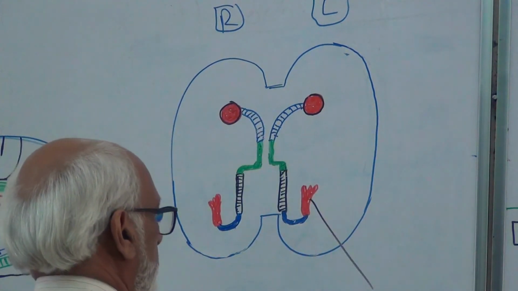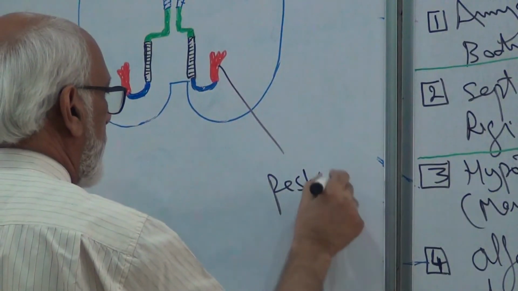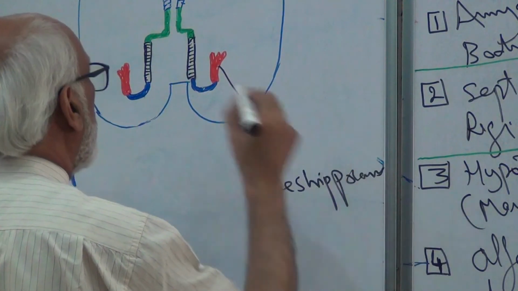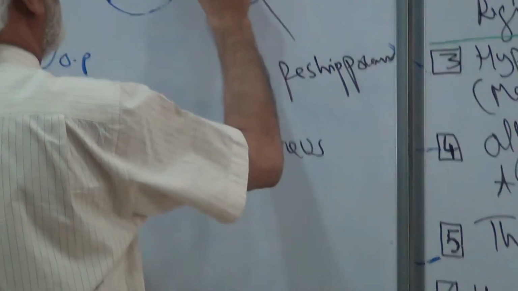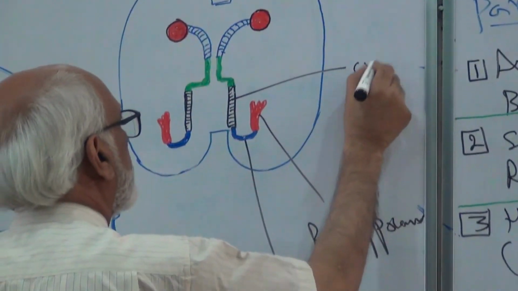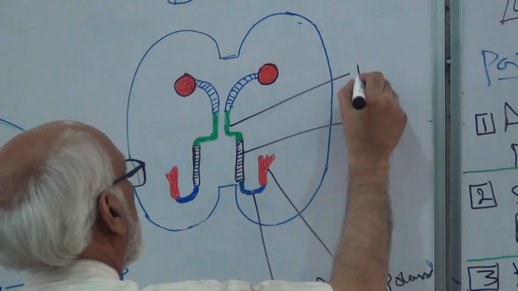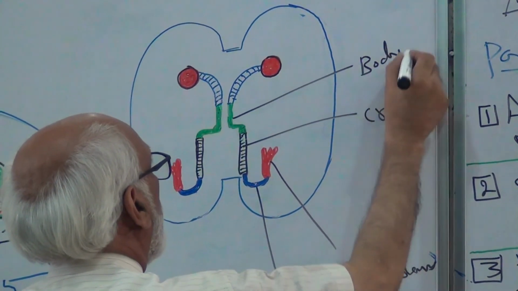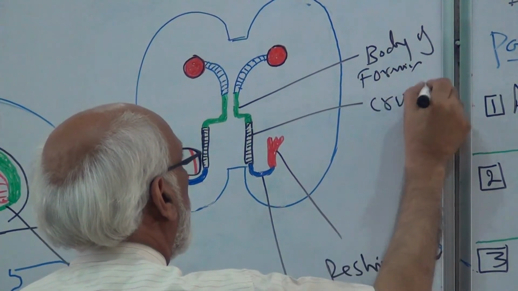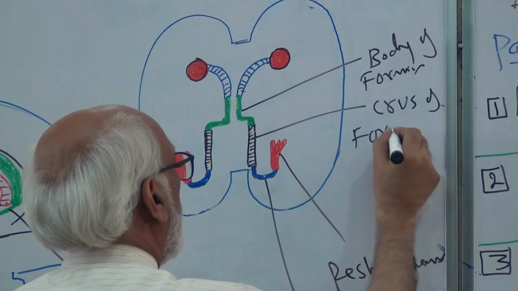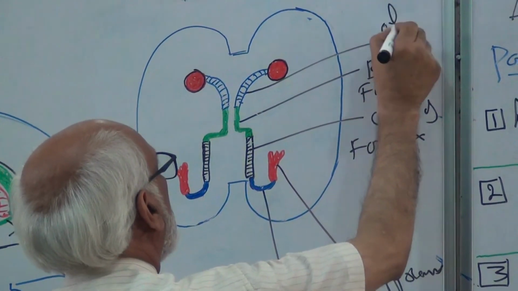So this is the pes hippocampus, alveus, crus of hippocampus, body of fornix, and then column of fornix.